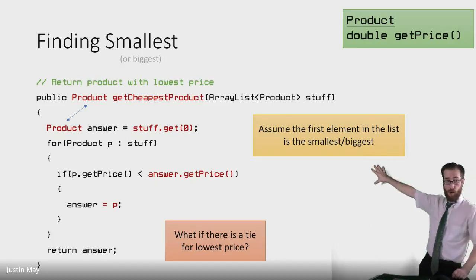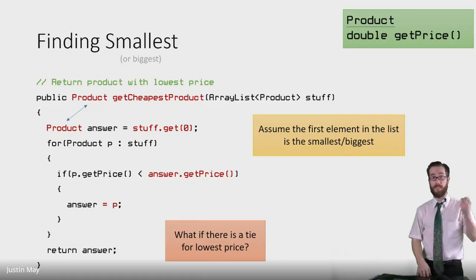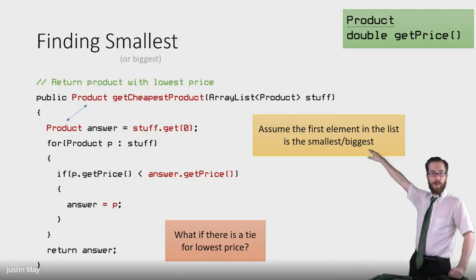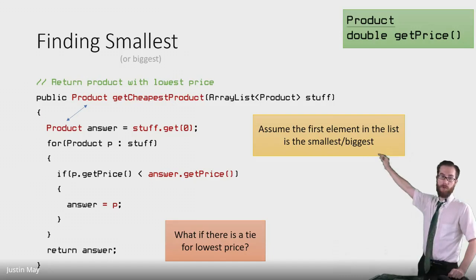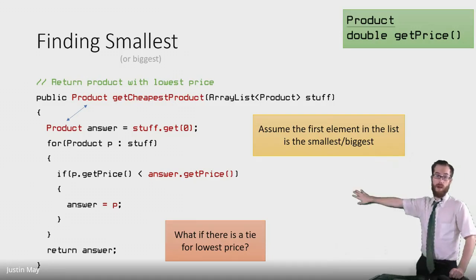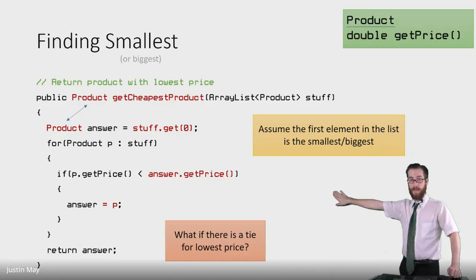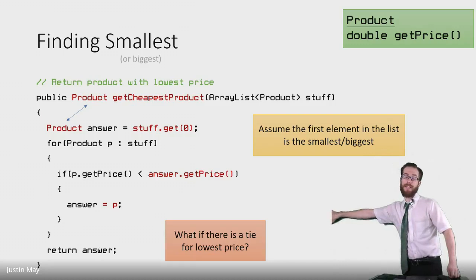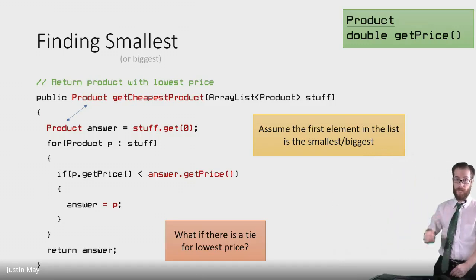And notice all of these searching algorithms are effectively the same. The only thing that's changing are the details of how you declare the answer variable, what its type is, and what you default that value to. The condition you're checking changes slightly, and what you do to answer if that condition is true changes slightly. Besides that, the algorithm is basically the same.